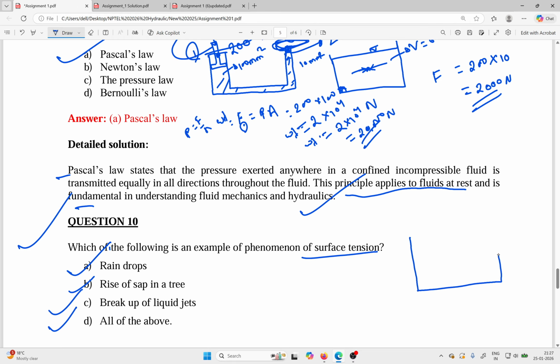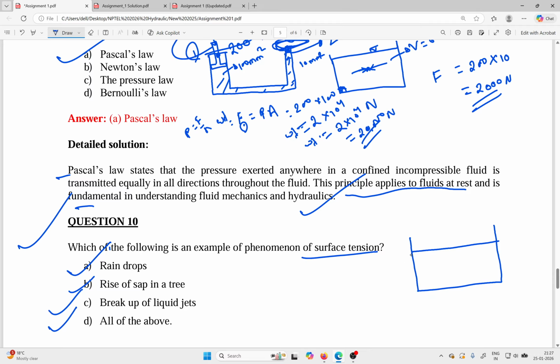If you see very clearly, the water at the surface is not completely straight.